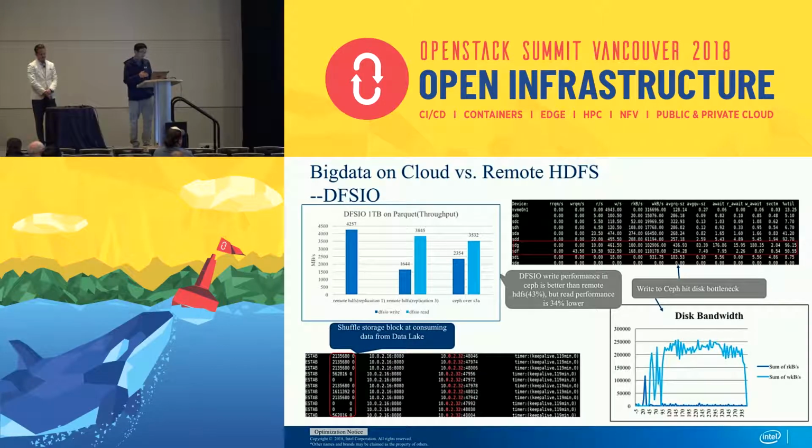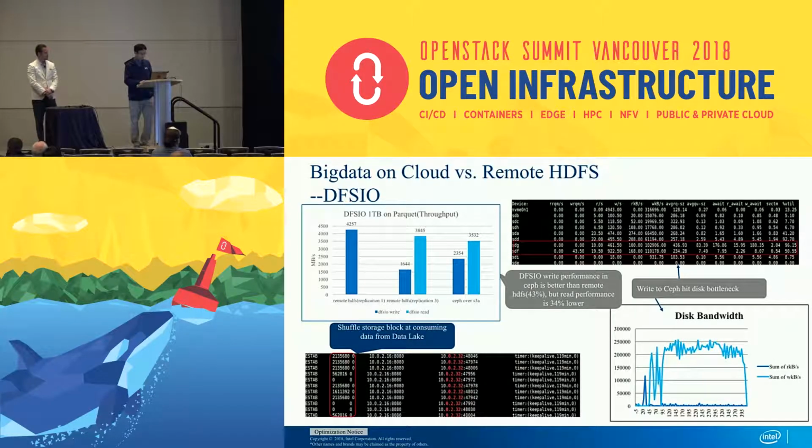The reason is HDFS is actually block write, but for S3A you have to do a rename. For example, if you're writing object A, you have to write temp A first, and then rename that object to A. This is a very expensive operation inside the object store.